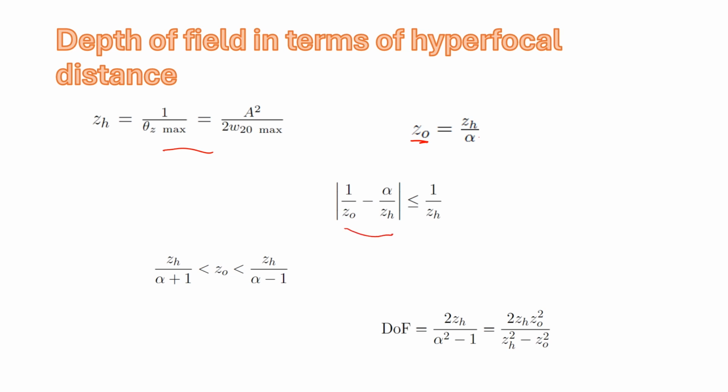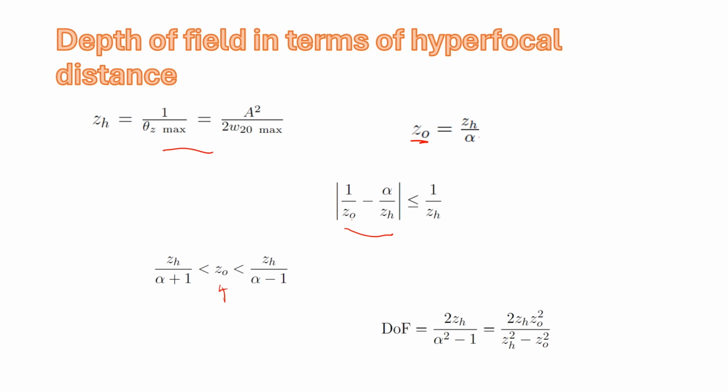If we solve that for the allowed values of Z0, the depth of field, we get this result: if we focus our lens at the distance ZH over alpha, we'll have acceptable focus from ZH divided by alpha plus 1 to ZH divided by alpha minus 1.